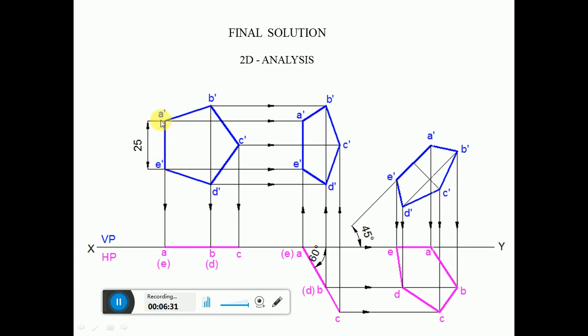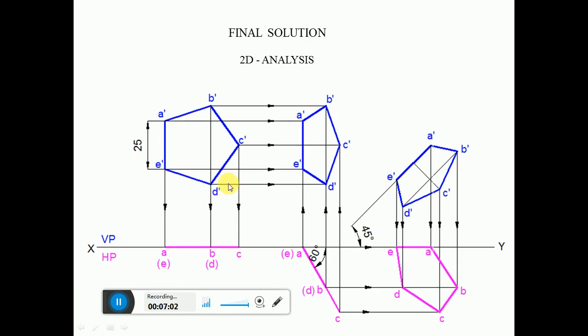So AE will be on VP, and it is perpendicular to HP. Now first you draw a line A dash E dash equal to 25 mm, and mark the point as A dash. Then through A dash, by using the protractor, you measure an angle of 108 degrees in the counterclockwise direction and draw an inclined line. Similarly, with E dash as center, take an angle of 108 degrees in the clockwise direction and draw an inclined line.